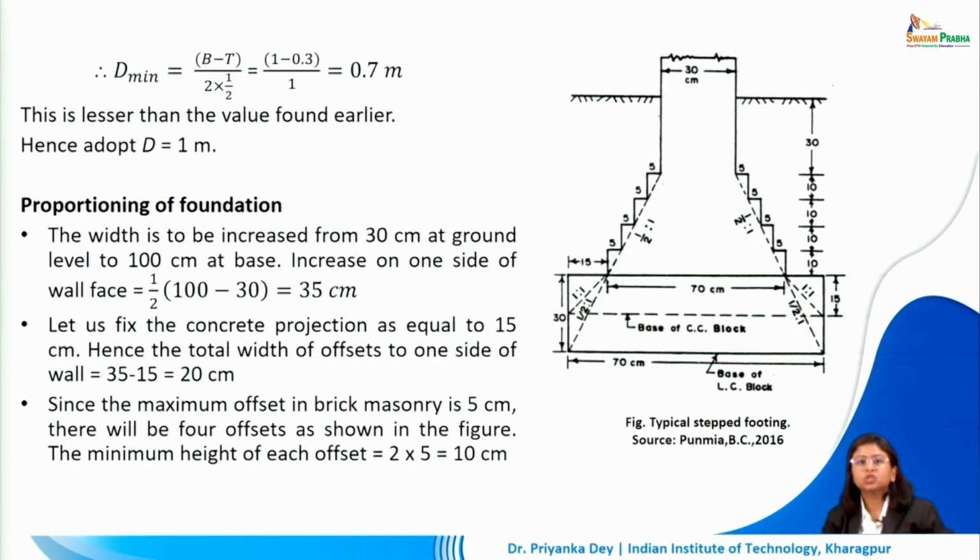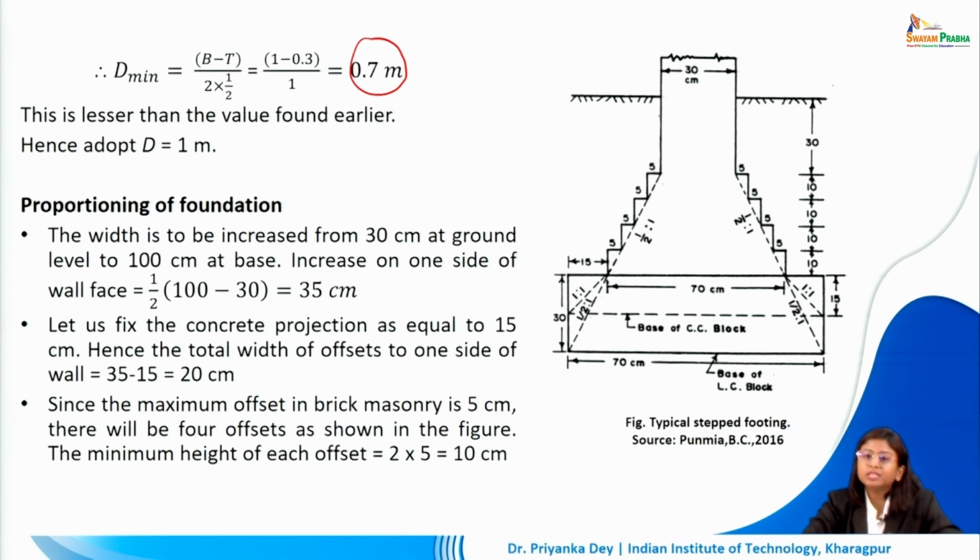So if we solve for this, 1 minus 0.3 divided by 2 into half, we will come up with a number 0.7. So that means the minimum depth for the proper transfer of load at the correct ratio or angle would come up to 0.7 meters. Now this is lesser than the minimum depth we had calculated using the Rankine's formula.